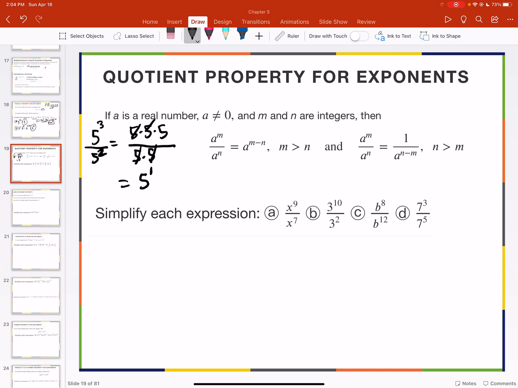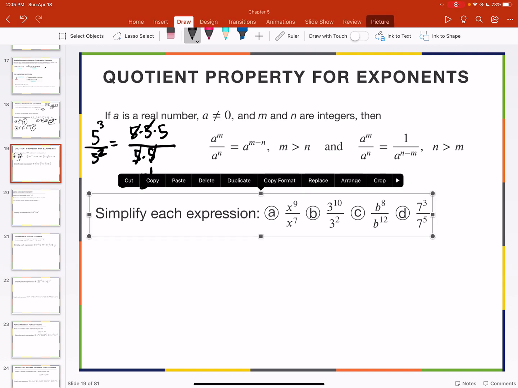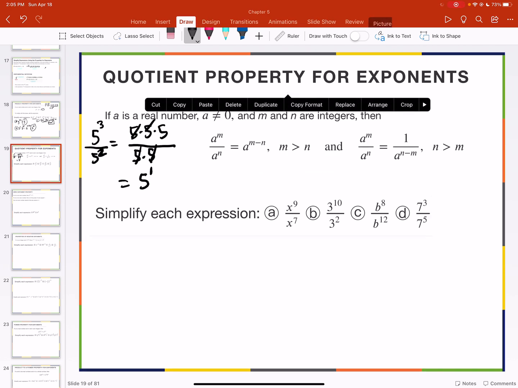So basically what we do is we subtract top minus bottom. Now, what if the number is greater in the denominator? Let's say it was 5 squared over 5 cubed. So that's 5 times 5 on the top, 5 times 5 times 5 on the bottom. These will cancel, cancel, cancel. Since it's in the denominator, the top is over 1. So this would be 1 over 5 to the 1st power.